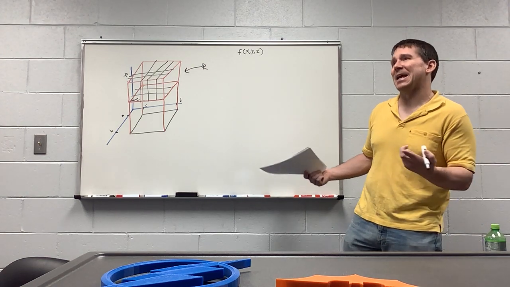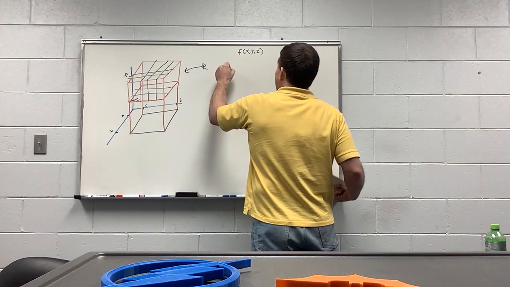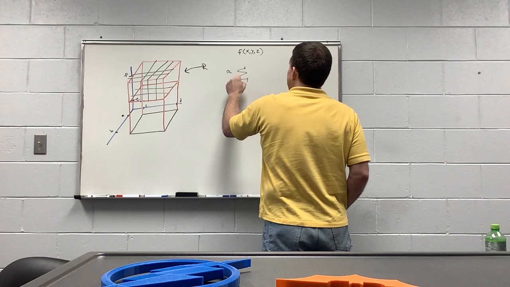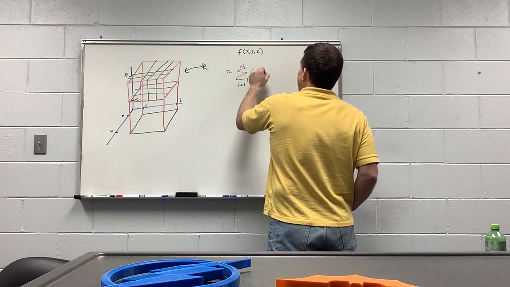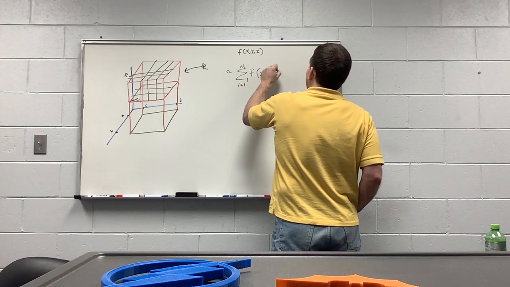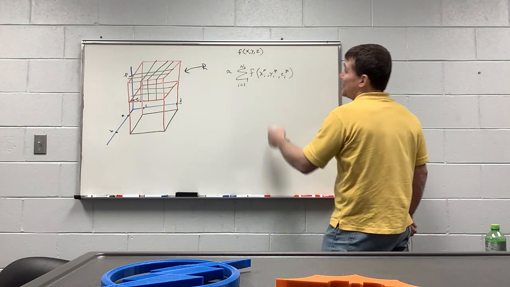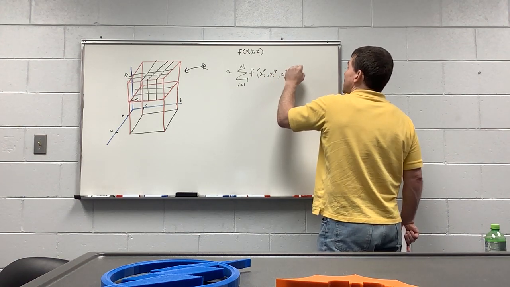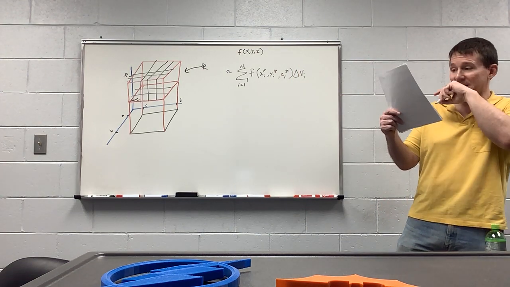So we'll just say, if I want to approximate the value of the resulting Riemann sum, well, I know how it works. It's the summation, as i goes from 1 to n, of the function value, f of x sub i star, y sub i star, z sub i star, times my region, which in this case is three-dimensional, so that will be delta V_i for a volume.